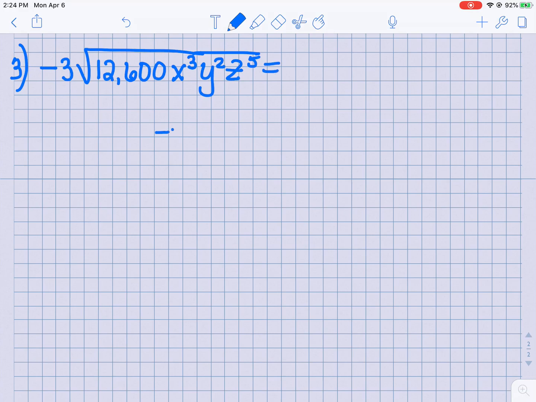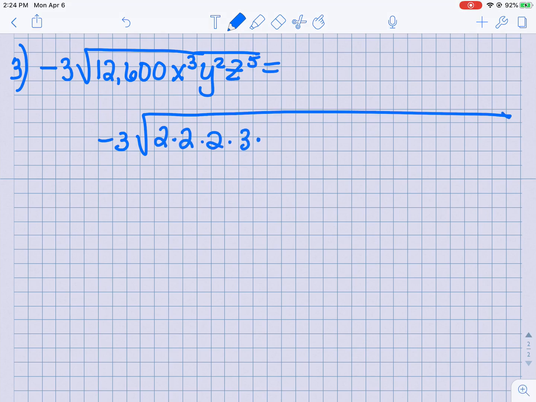Okay, so I have a -3 square root, and our prime factor is 2 times 2 times 2 times 3 times 3 times 5 times 5 times 7. We have 3 x's, 2 y's, and I still don't have enough room for all my z's because there's 5 of them. Okay, so these are all here.